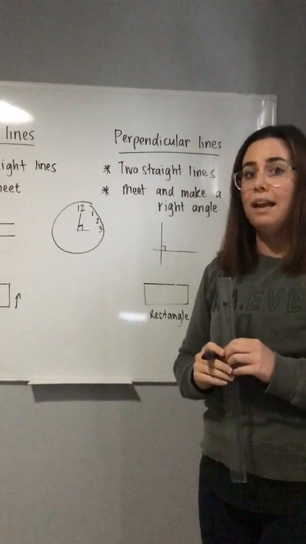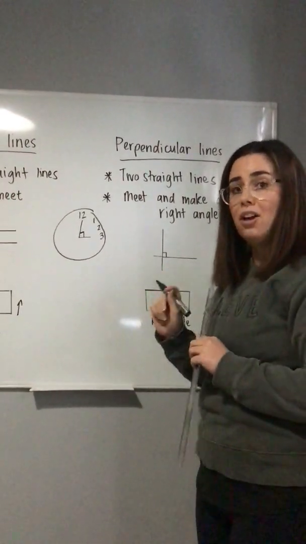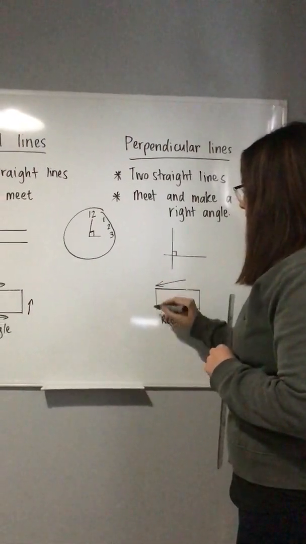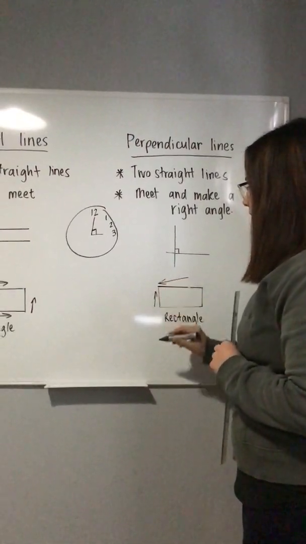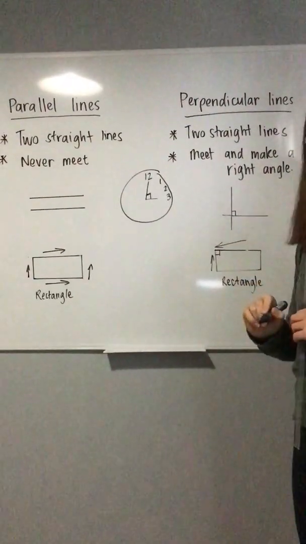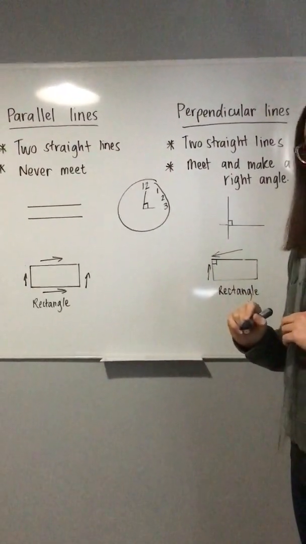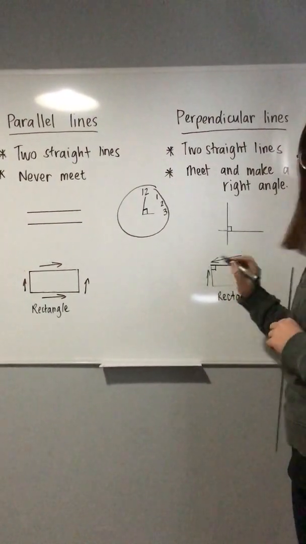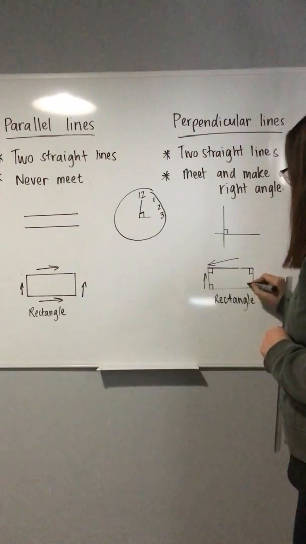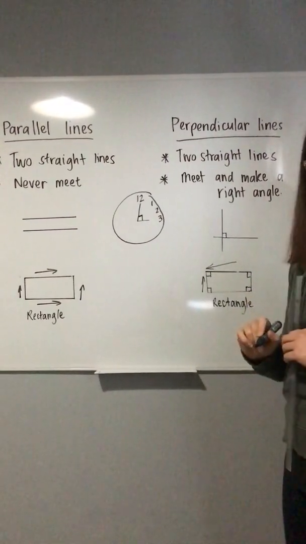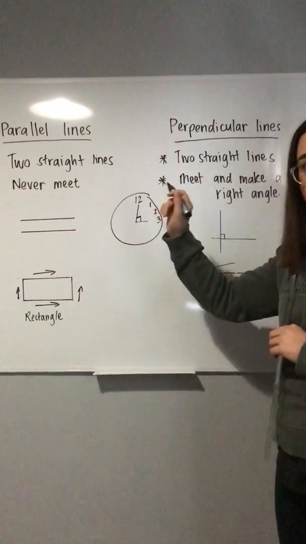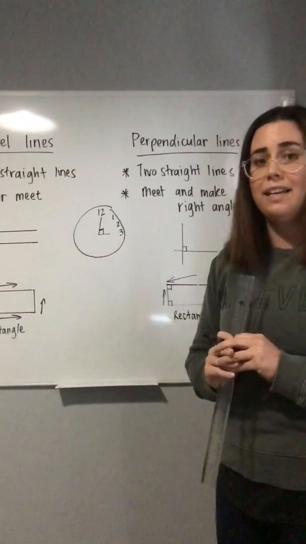We already know that. But it also has perpendicular lines. So if we look at the top line and the right-hand side one, where they meet creates a right angle. And that means that they're perpendicular. Now, this happens in every single corner of a rectangle. See where the lines meet? They're all right angles.